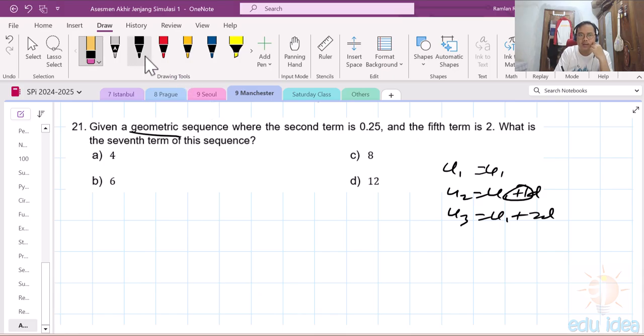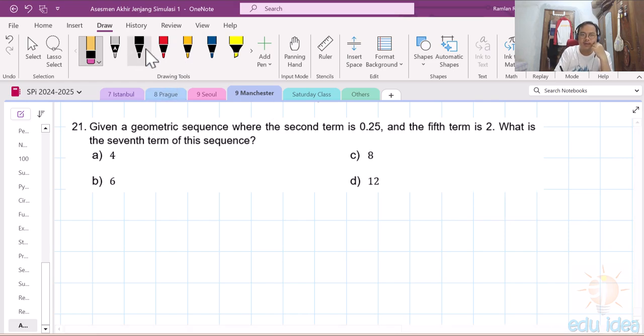And then the number here is not going to be multiplying, but you are going to use it as a power. So in terms of geometric, let's say the first term is just the first term, because we know that we have a formula of un equals u1 times r to the power of n minus 1. So notice that this and this one are very connected. For example, this is 100 and this will be 99, right?